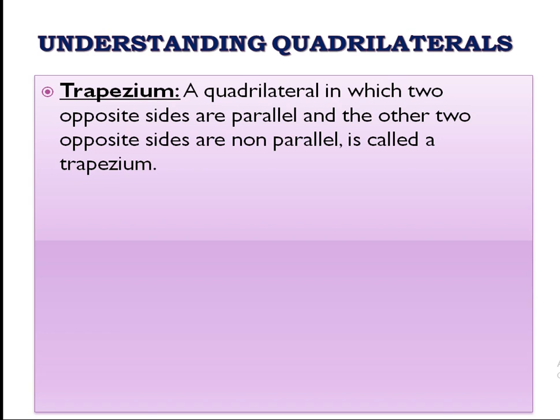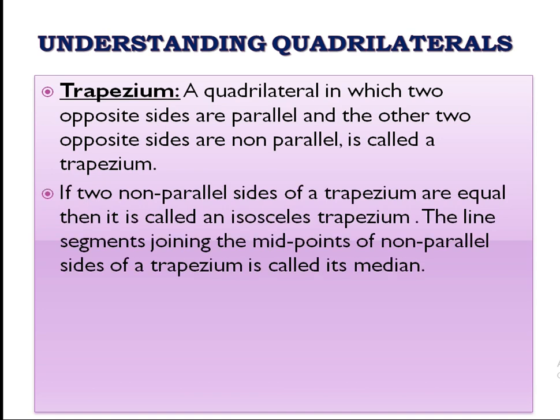Now, trapezium. What is a trapezium? A quadrilateral in which two opposite sides are parallel and the other two opposite sides are non-parallel is called a trapezium. If two non-parallel sides of a trapezium are equal, then it is called an isosceles trapezium.